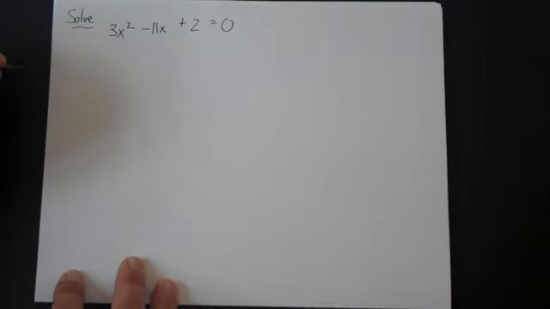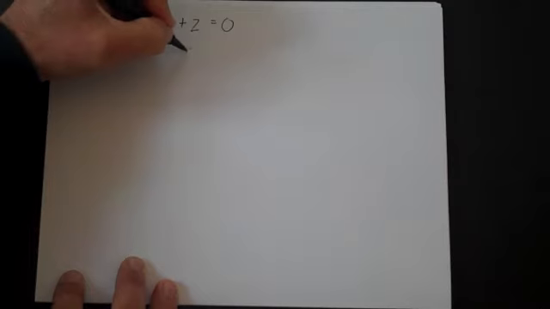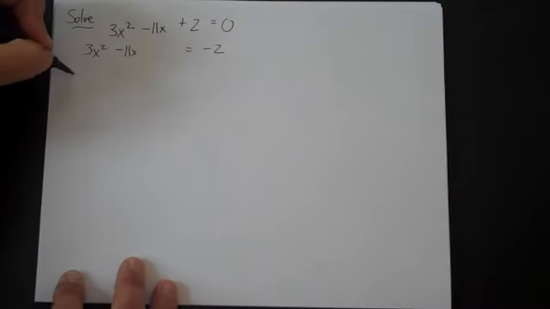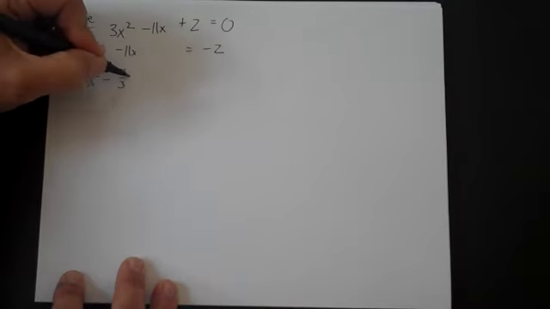Let's go 3x squared minus 11x plus 2 is equal to 0. So first thing is isolate x squared plus bx. So you have 3x squared minus 11x is minus 2. And then you're going to factor a 3 out. x squared minus 11 thirds x.